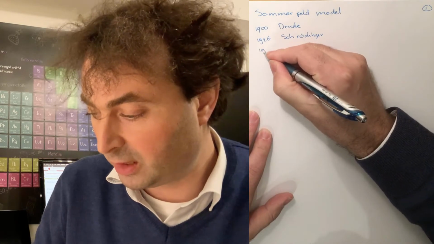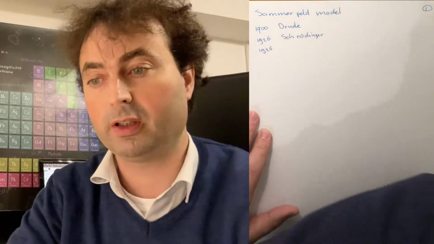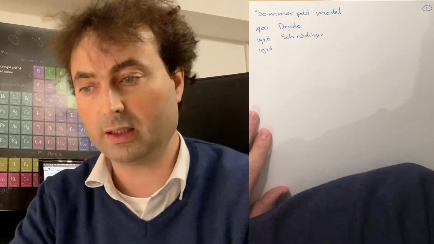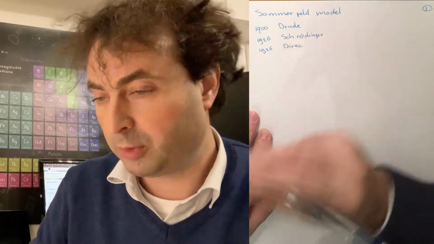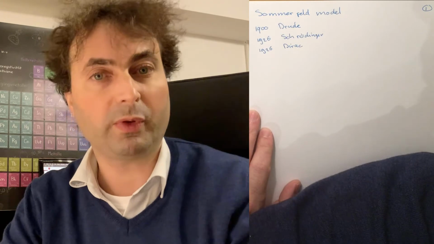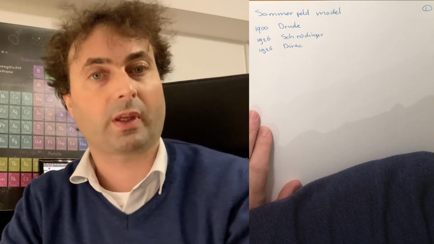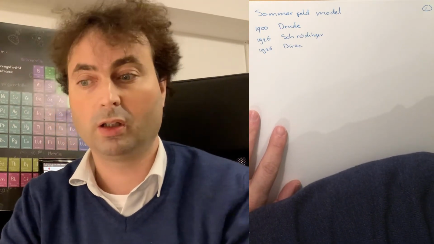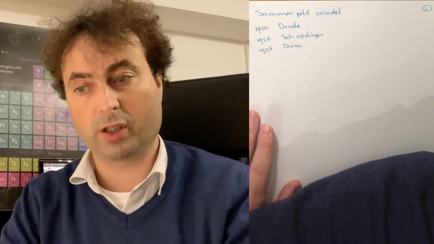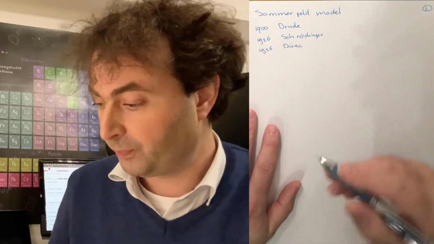Actually, in the same year, Schrödinger published early in 1926, Dirac late in 26. Dirac published an important paper on quantum mechanics, not the paper he is really known for, but he made an extension of the Schrödinger equations to many electrons, and thereby basically introduced Fermi-Dirac statistics.